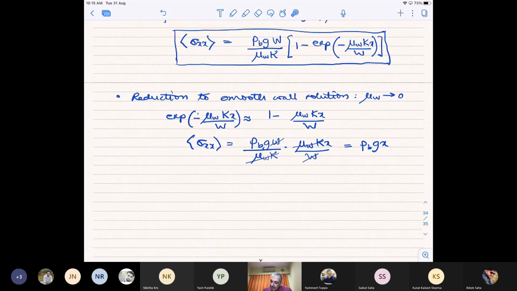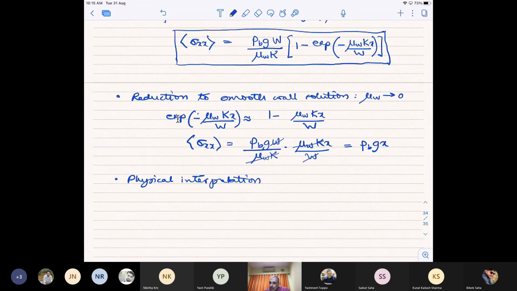Now let's look at what this thing means in physical terms. And this is something very unusual that is seen for granular materials, but never for fluids.